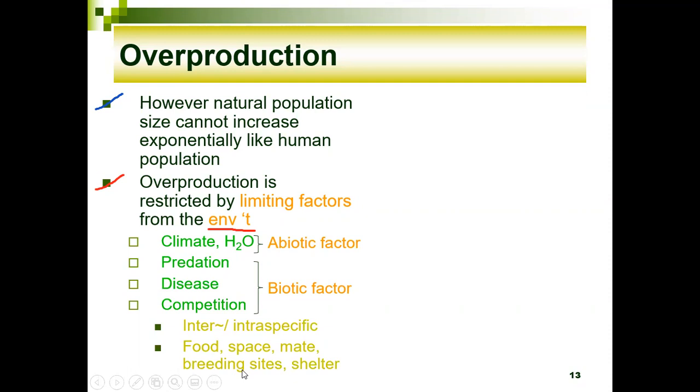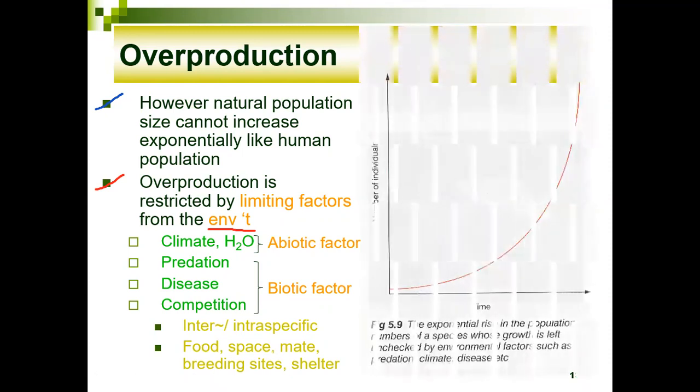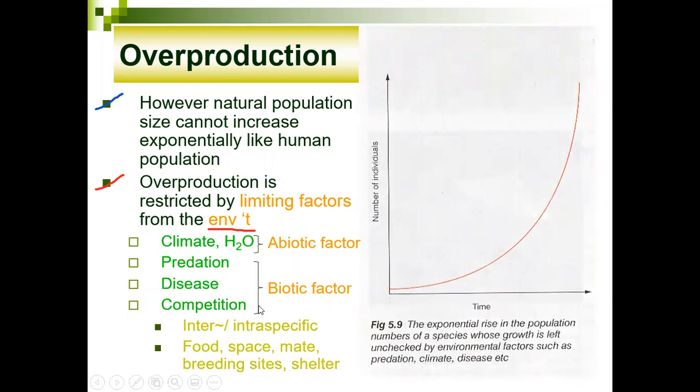Some of them have to build their nest to lay eggs, so they may be competing for the same place to build their nest. If they cannot find a place to build their nest or shelter, they cannot reproduce. Okay? So it is because of all these abiotic and biotic factors from the environment that actually control the population size and maintain it at a constant level, or the carrying capacity level.